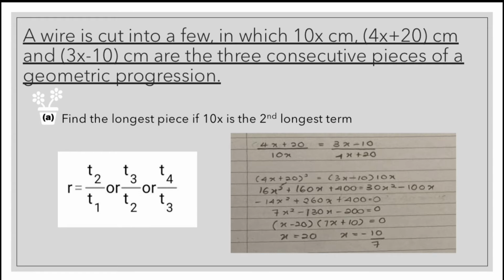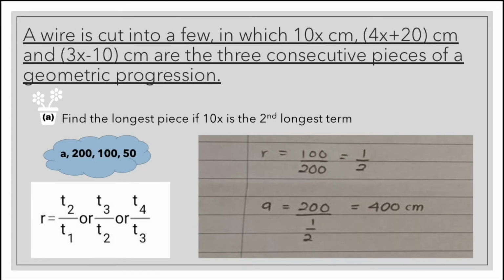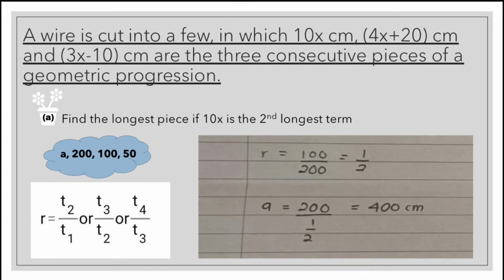So, T3 over T2 equals T4 over T3. We apply the cross multiplication method and then we get x equals 20 and x equals -10 over 7. We substitute x equals 20 into the progression to get the exact number for each term.